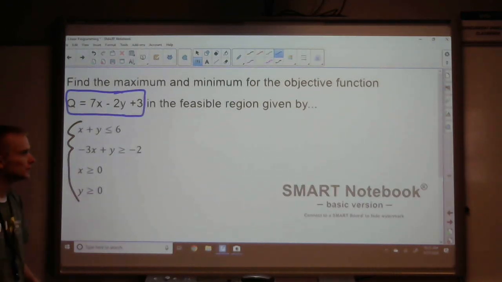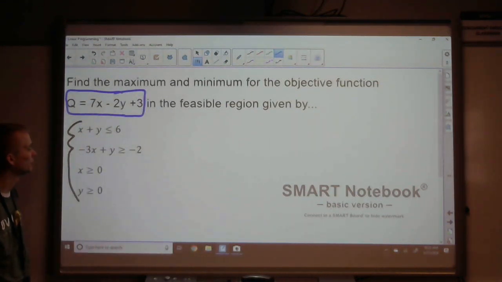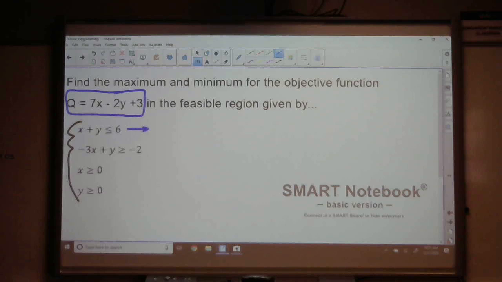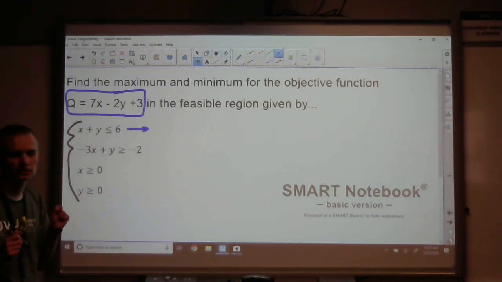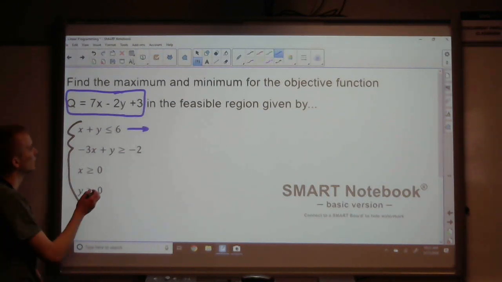To figure out what the feasible region looks like, I would recommend that we graph it out. So I'm going to convert these to get y alone on one side so that I can see what these lines are going to look like.